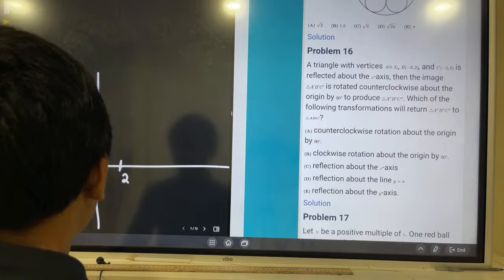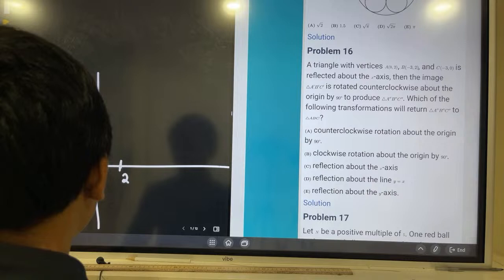Okay, let's call this 0, 0. This is 0, minus 1. And this is 2 root 2, minus 2. Root 24 is 2 root 6. So let's see.